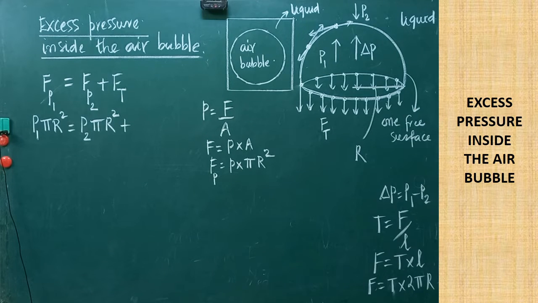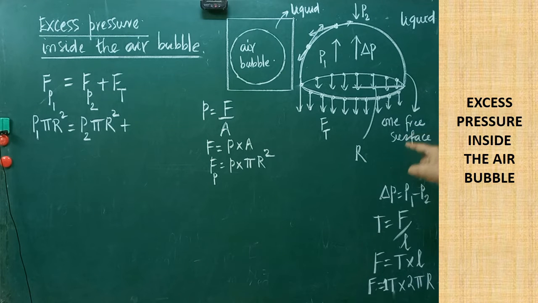Any doubt in this? A very important thing is that in the case of an air bubble, only one free surface is there. This is the only free surface, which does not have any contact with anything that is inside. Therefore, here 1 must be written. If two surfaces are there, we take 2.